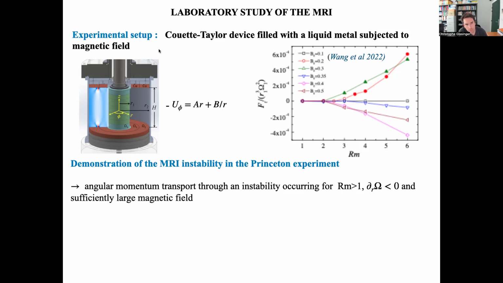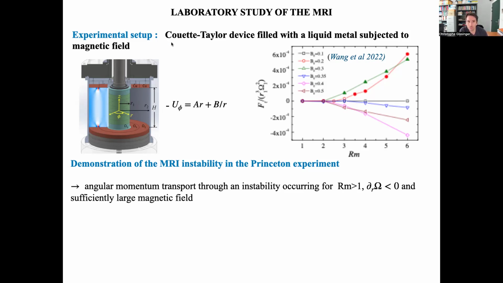I'm illustrating that with the Princeton experiments, because it's been a very recent breakthrough for this MRI study. In the Princeton experiment, the purpose is to demonstrate that this MRI, this magnetorotational instability, occurs in a real fluid, in a real experiment. So you're rotating the cylinders, as I said. Of course, it's not a Keplerian rotation.